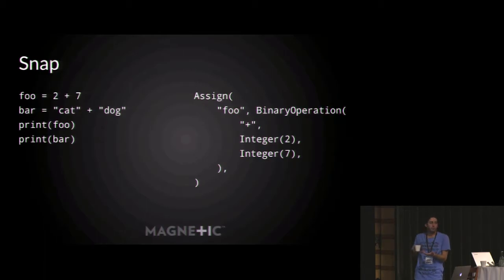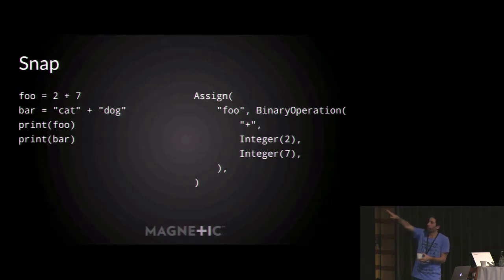Text is hard to manipulate, it's hard to execute directly. So the first step is taking the text that we have, which is literally those characters on the left, and converting it into something that we're going to be able to work with using the normal methods that we know how to work with things, objects, basically.